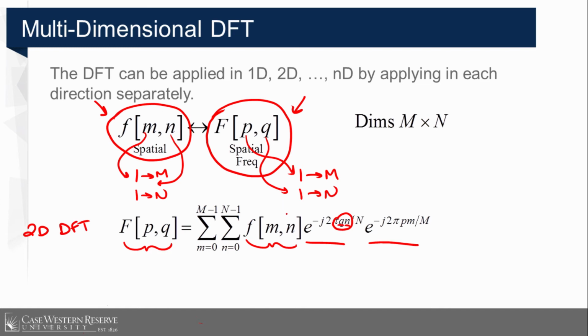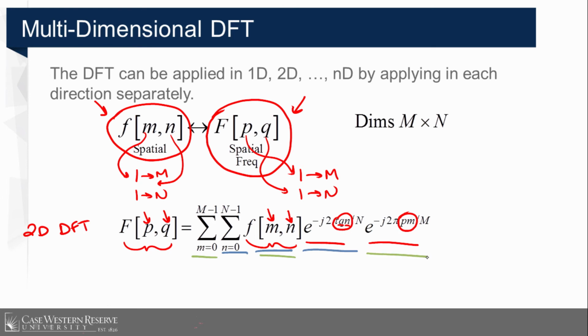So here we're converting this dimension n into a spatial frequency dimension. And the second exponential is doing the same thing, connecting here this spatial variable m to the spatial frequency p by performing a 1D DFT. So actually, if we look very carefully at this equation, we see that this portion here is just a 1D DFT in the second dimension, and this portion here is a 1D DFT in the first dimension.